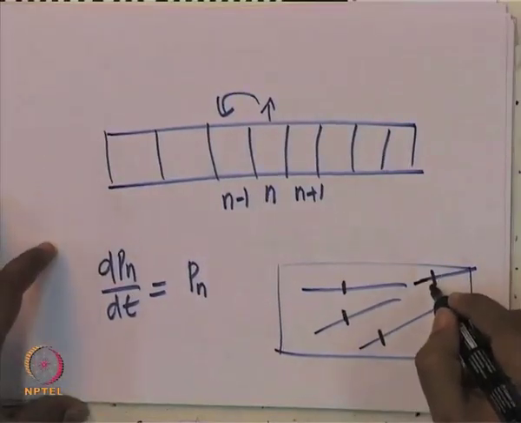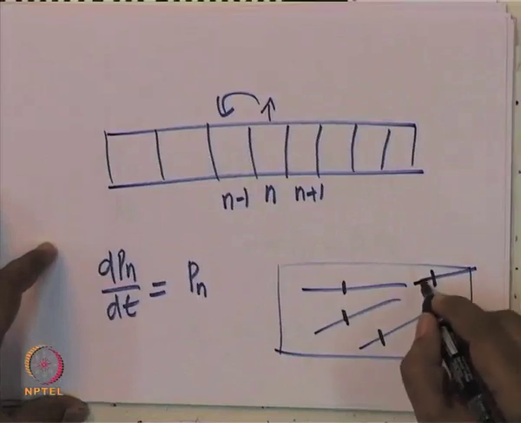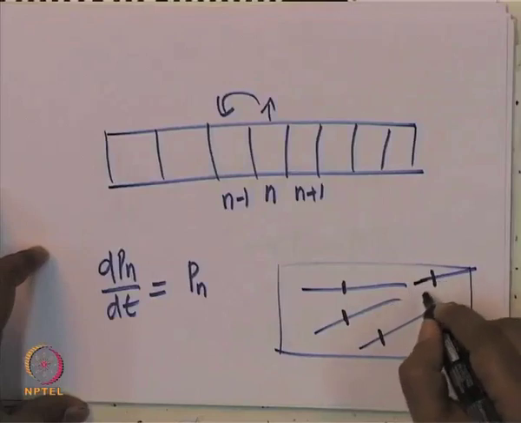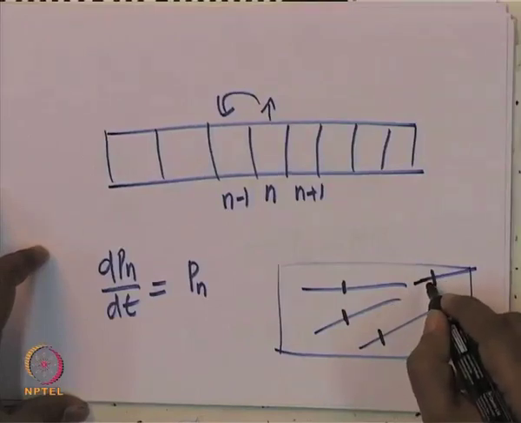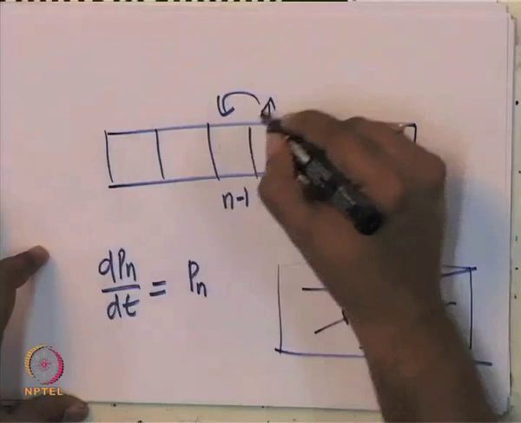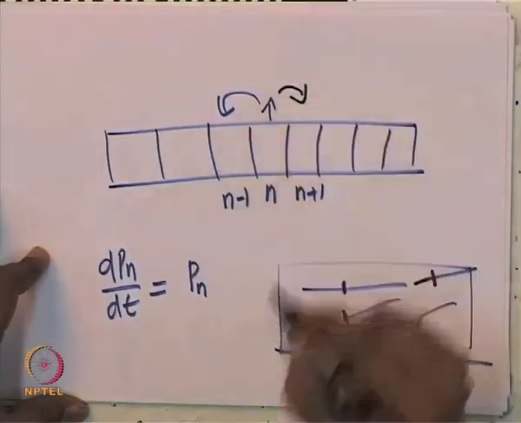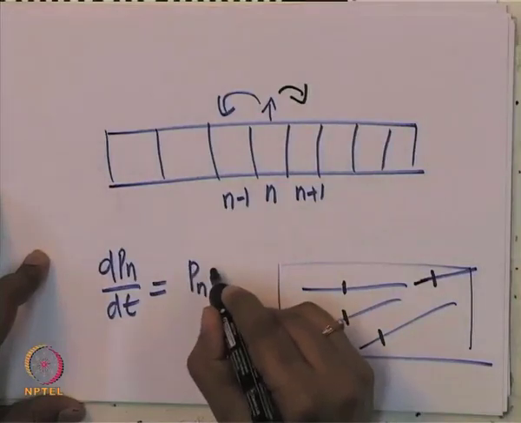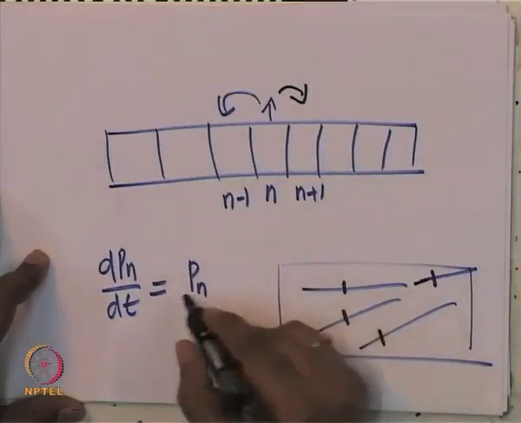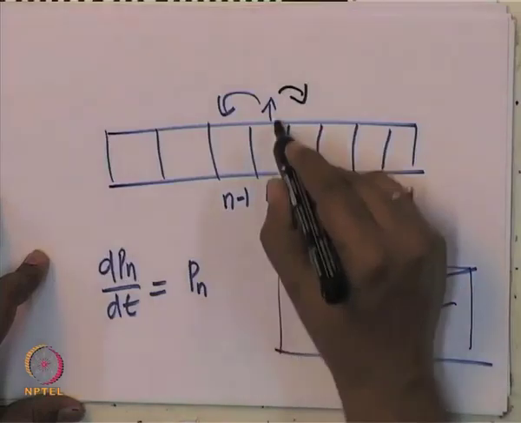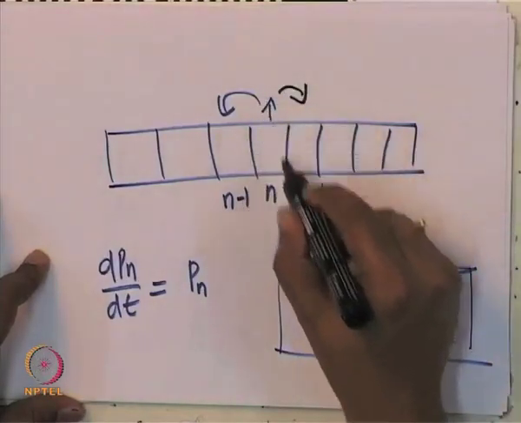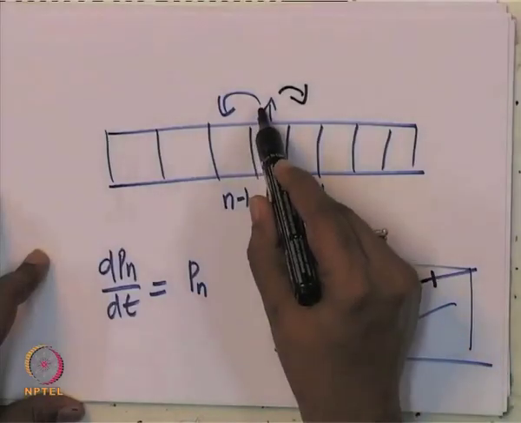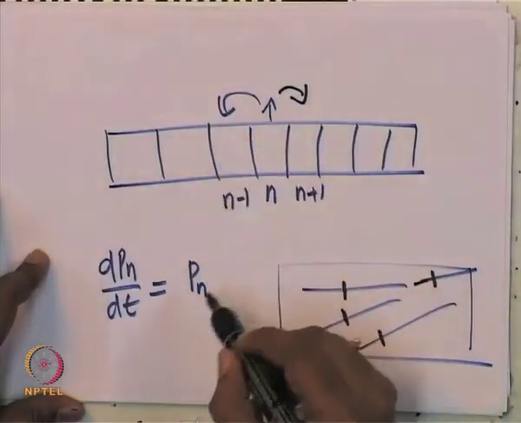n could be, let us say, the 10th monomer. So, if at a particular position 10 there is a molecular motor, this molecular motor can go away to n minus 1 or n plus 1. If it goes away, then the P n decreases. If it moves here, the probability to find a molecular motor at a position n decreases. If a molecular motor goes to this side also, same thing happens.